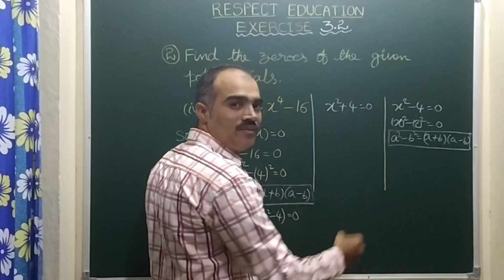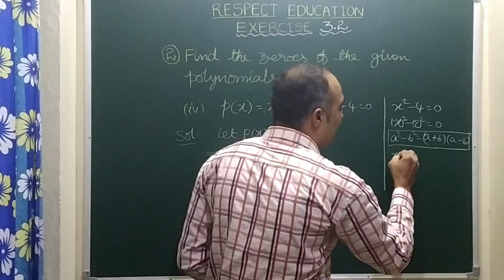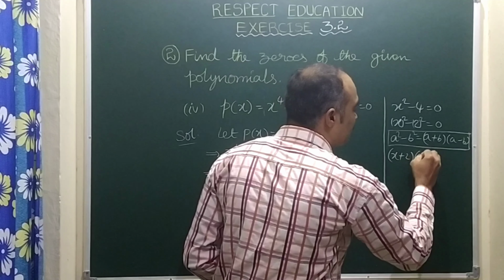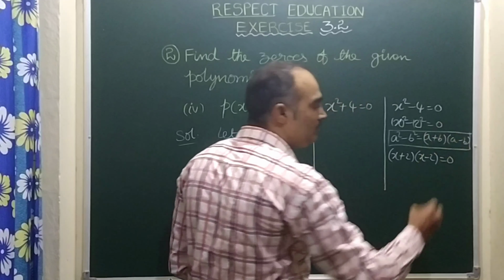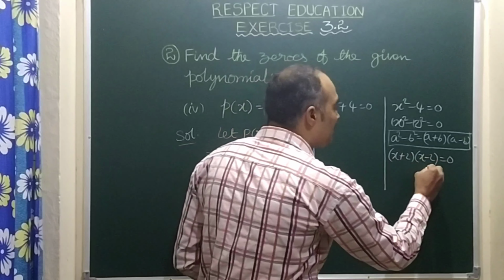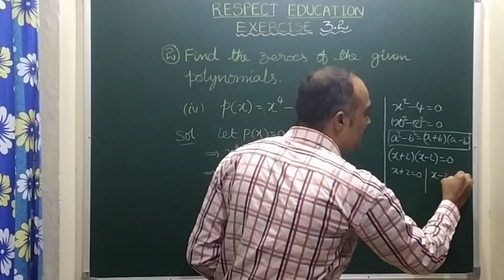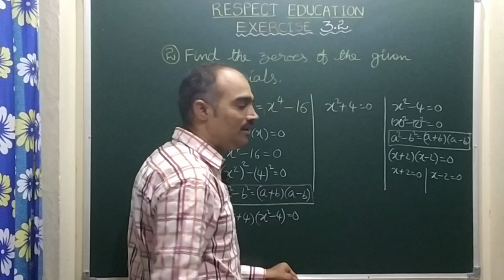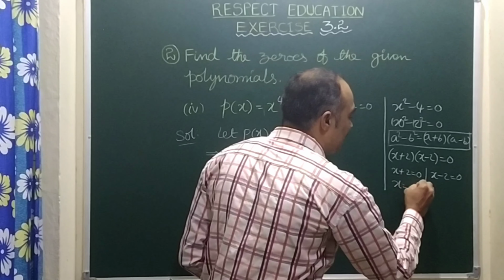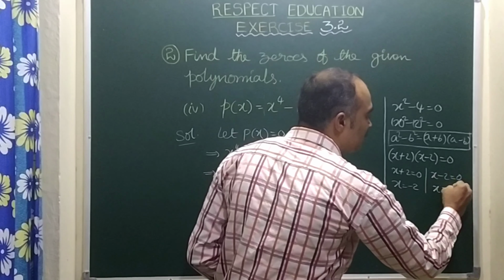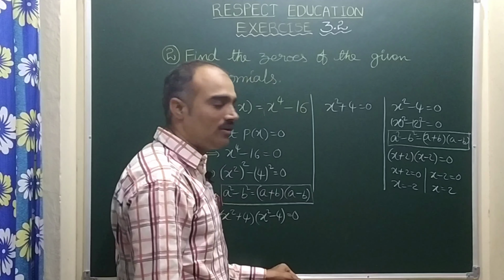B means 2. So here a plus b means x plus 2 into a minus b, x minus 2 equal to 0. Again here two subcategories, either x plus 2 is 0 or x minus 2 is 0, since their product is 0. So here finally get x equal to minus 2 or x equal to send minus 2 that side, that is 0 plus 2. So x equal to 2.